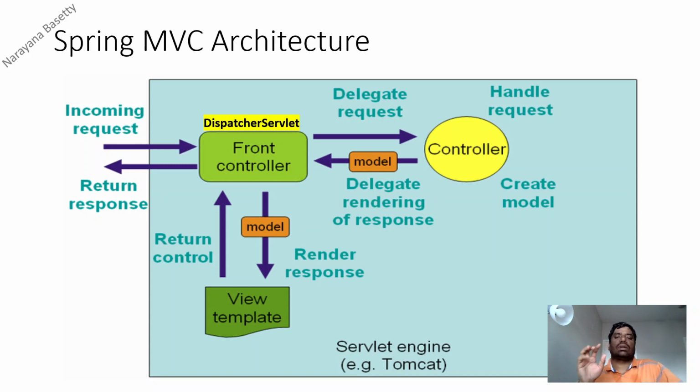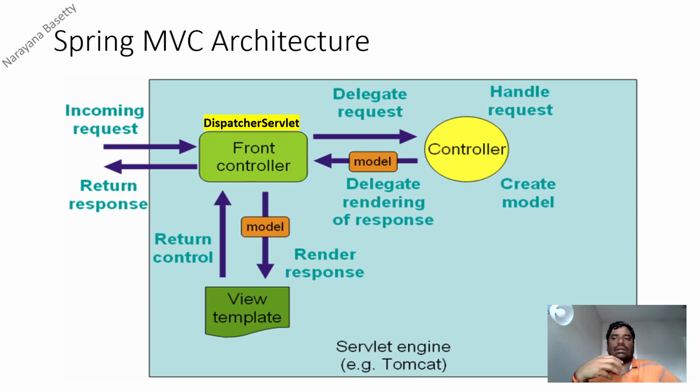Basically, the controller is how the REST endpoint is exposed to the outside world, and then it calls the respective service layer, and the service layer makes calls to the database layer, fulfills your need and then returns the model and view object, and this model and view object is given back to the front controller, which gives it to the rest template.